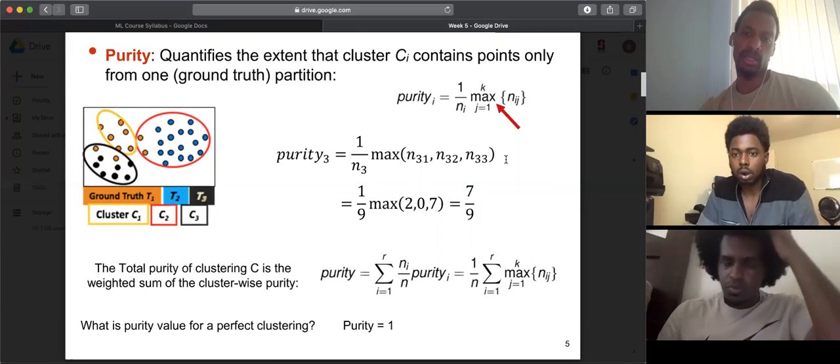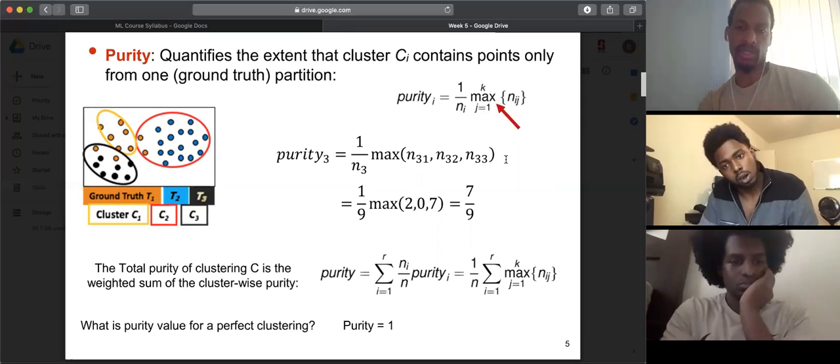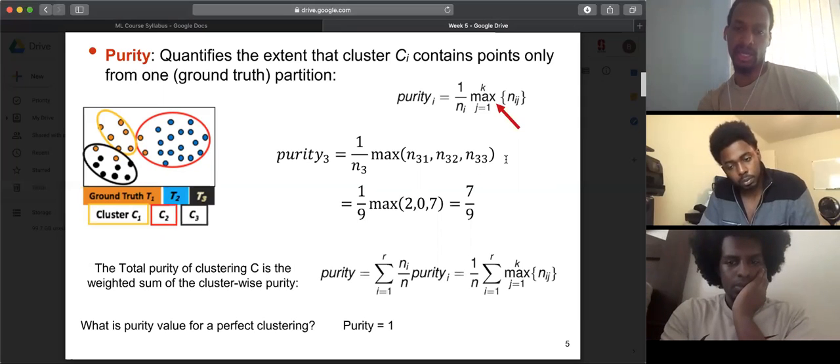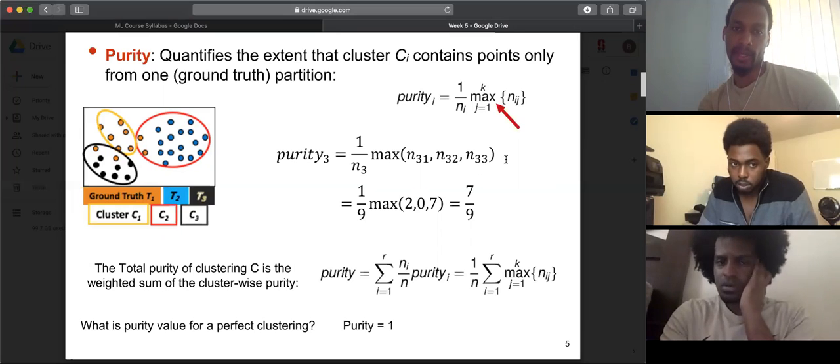I think if I'm understanding this correctly, the way Dan explained it is that n31 is the number of points in cluster 3 that you've created, so your C3, that are in ground truth 1. Exactly.